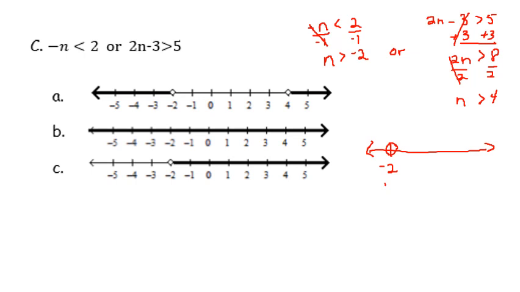It's shading to the right, so we'd want to go to the right. And then over here we would have a 4, open circle, and this one would also be shaded to the right. So the only graph that meets this, and remember for the or, only one of the shading has to occur. It's not both of them. It's not like and. So that means the only one that looks like this would be C.